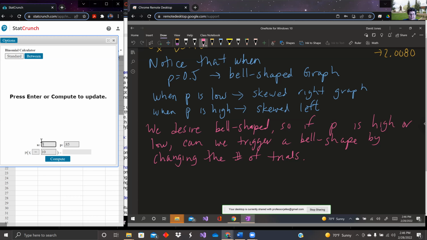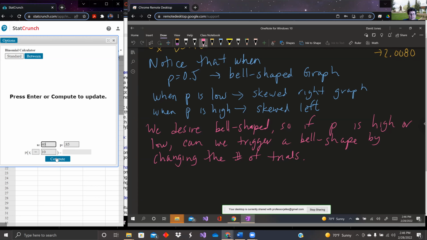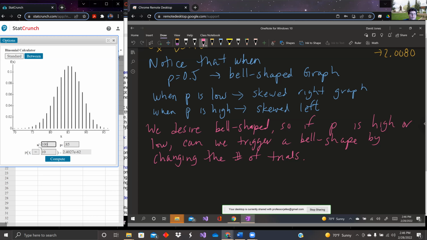So we saw 30. Let's see if we go 40. It's getting even more bell-shaped. What if we went something like 100? Now it's looking pretty bell-shaped. It's probably still a bit longer to the left than to the right, but it's getting harder to tell.